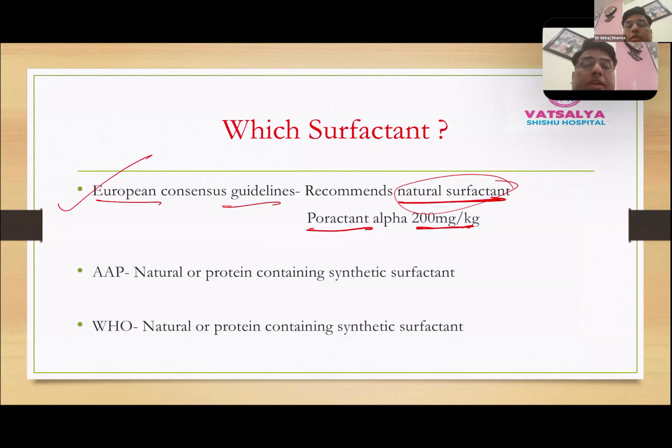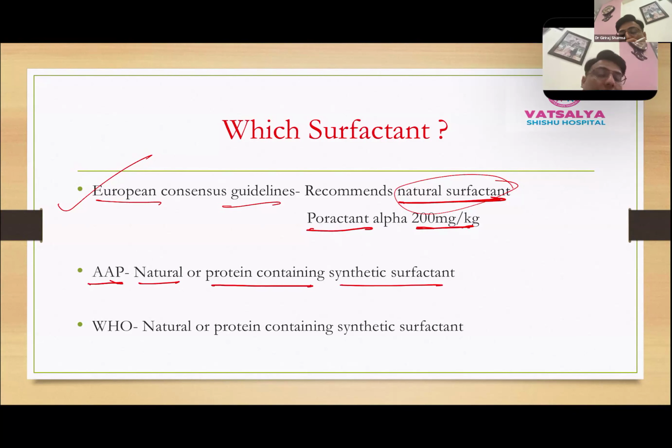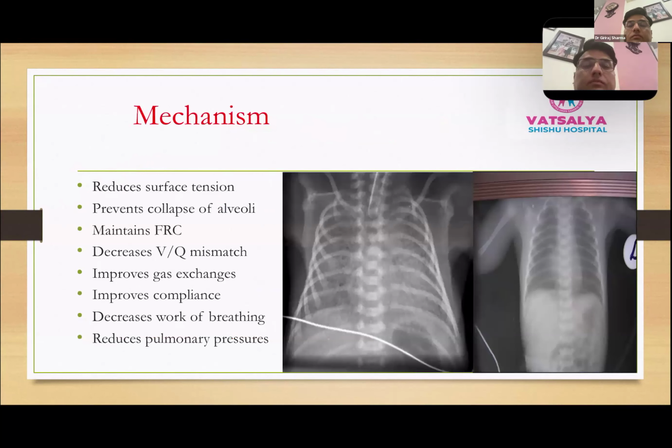The American Academy of Pediatrics recommends that natural or protein containing synthetic surfactant can be used. WHO also recommends natural surfactant or protein containing synthetic surfactant. So currently the natural, animal derived surfactants are the most commonly used.